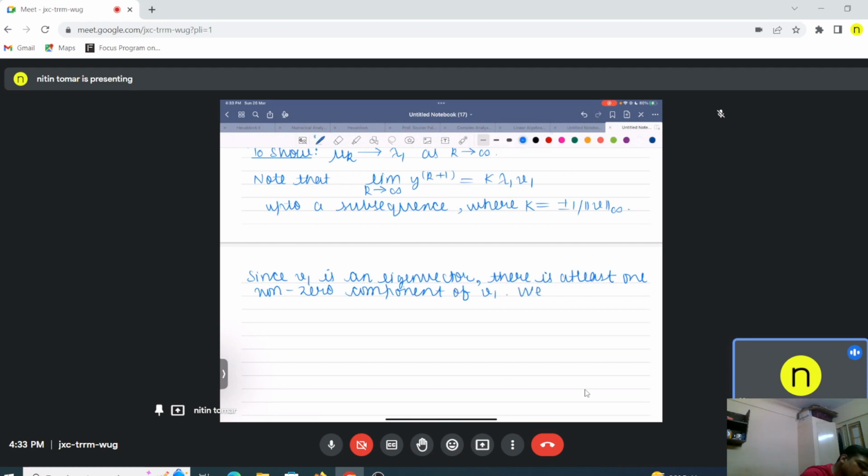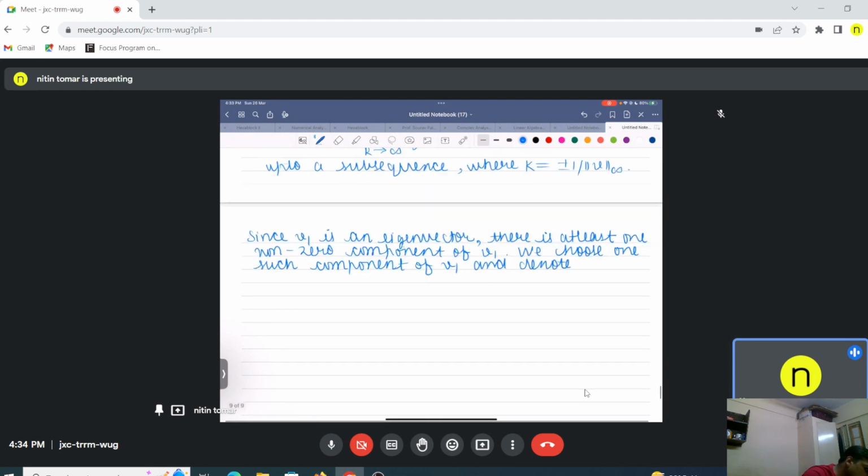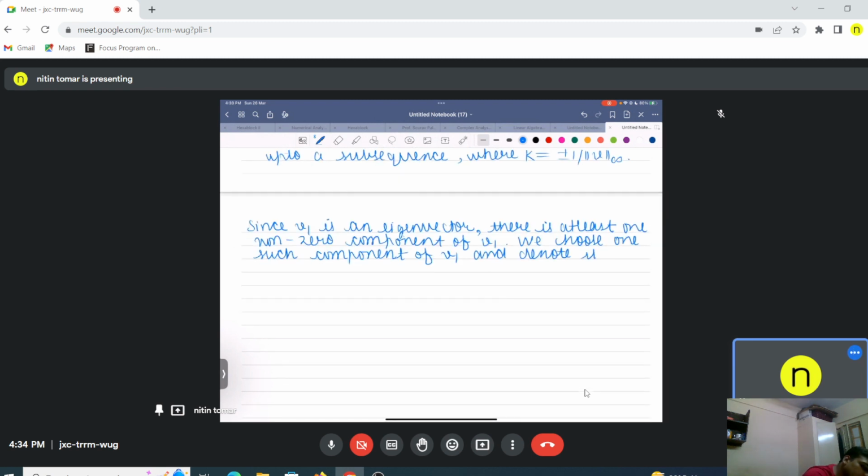Now we choose one such non-zero component of v1, because if there is one non-zero, we just need that much, and denote it by v1j.